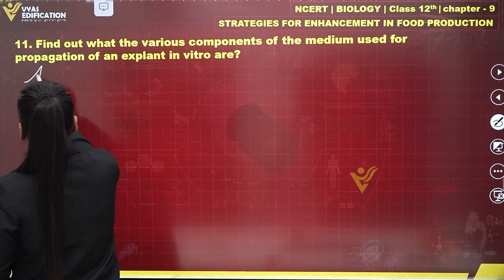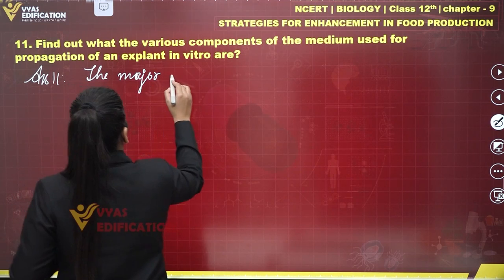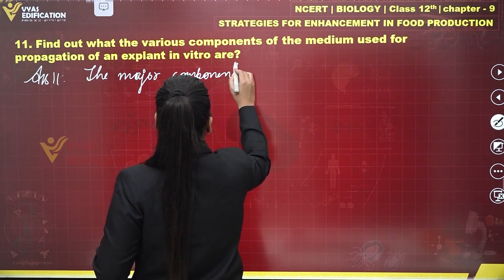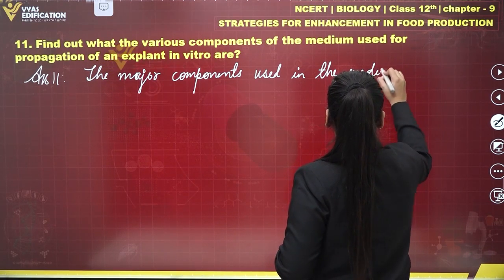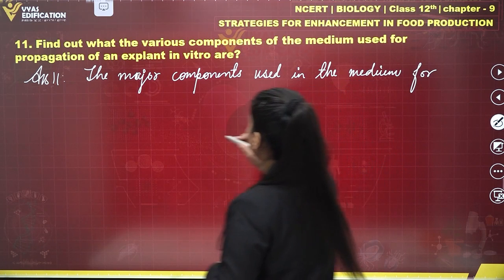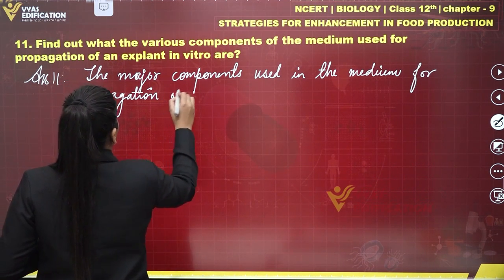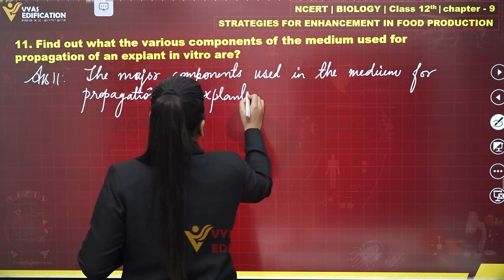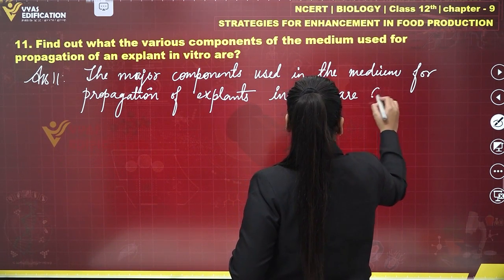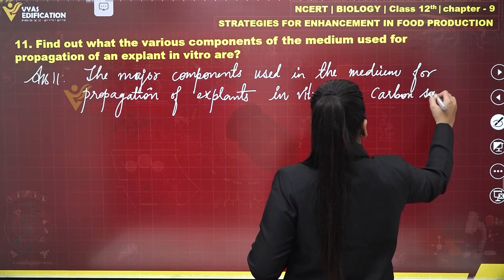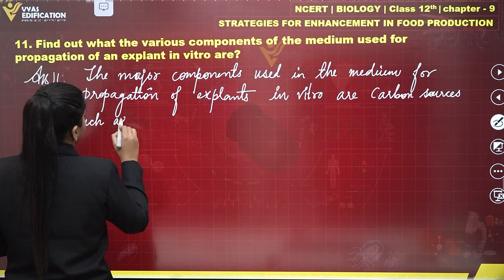So let's write the answer 11. The major components used in the medium for propagation of X plants in vitro are carbon sources, such as what kind of carbon sources? Such as sucrose.